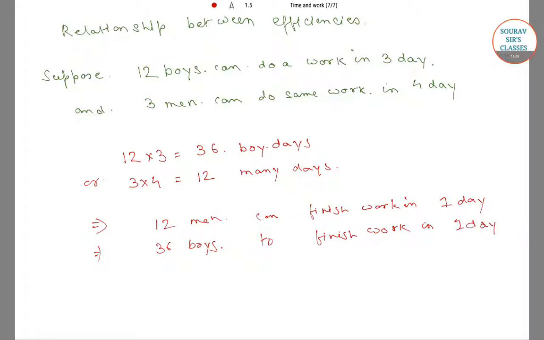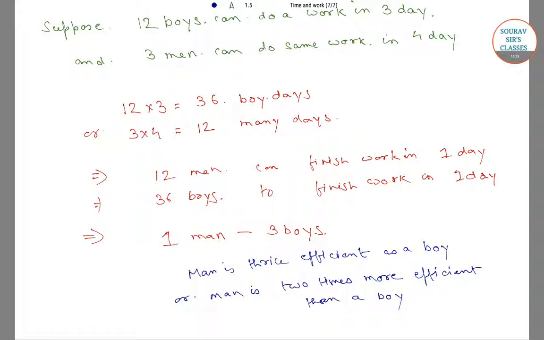This implies one man is as efficient as 3 boys. Hence, we can say that a man is thrice as efficient as a boy, or a man is 2 times more efficient than a boy. So this is the relationship between the efficiencies.